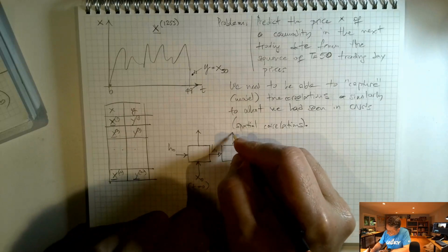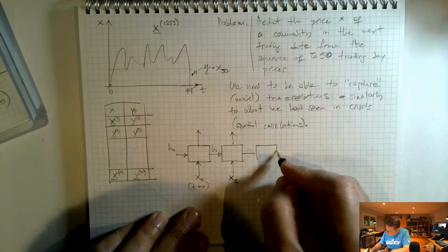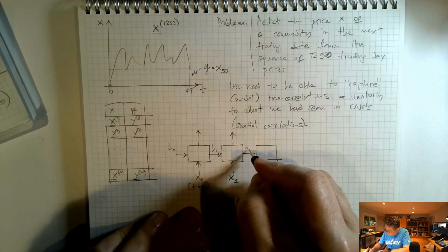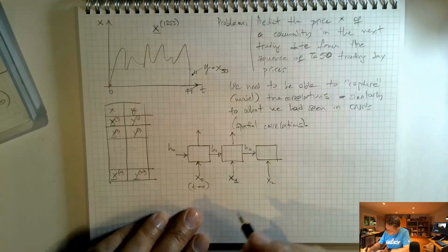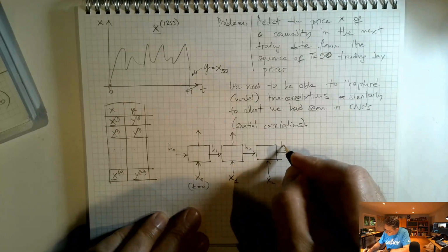Let me also draw this arrow, which will become important a bit later. This creates h2 together with x2. We're forming h3 and so on.